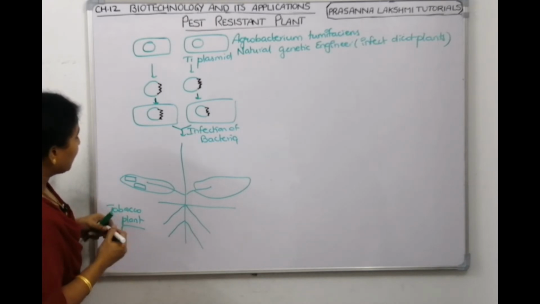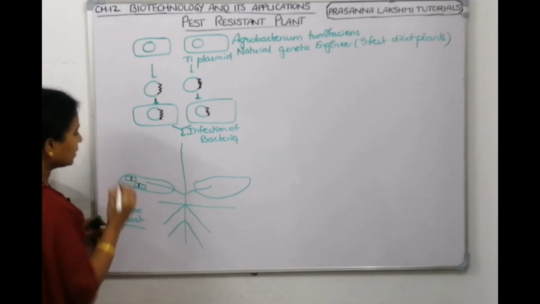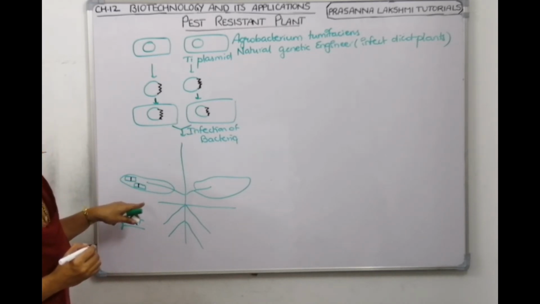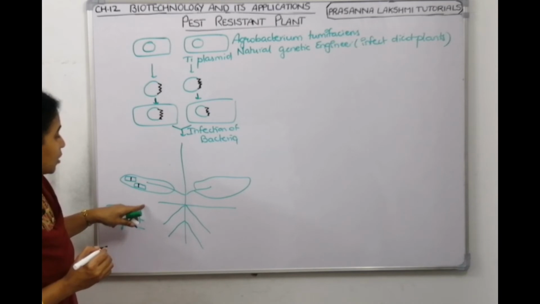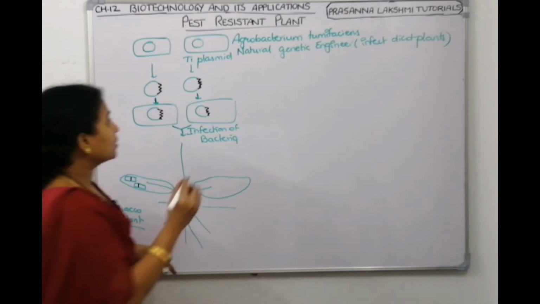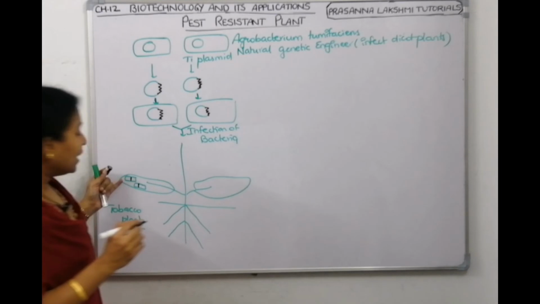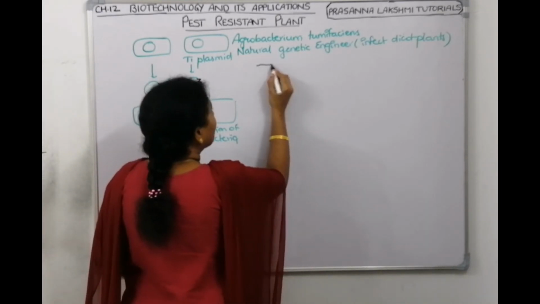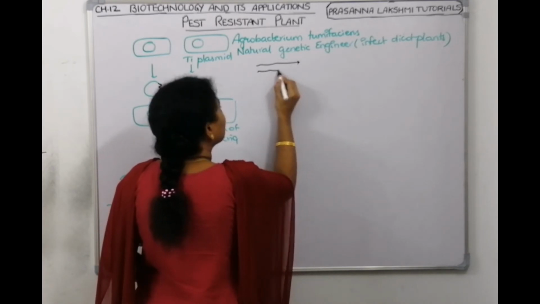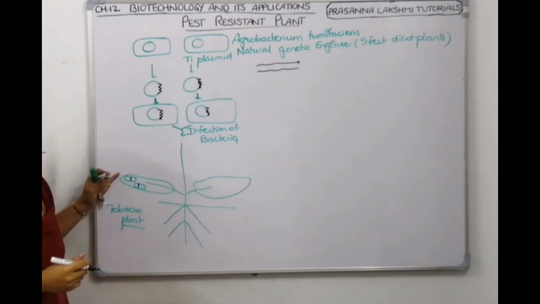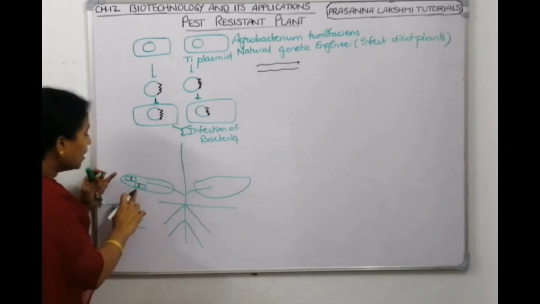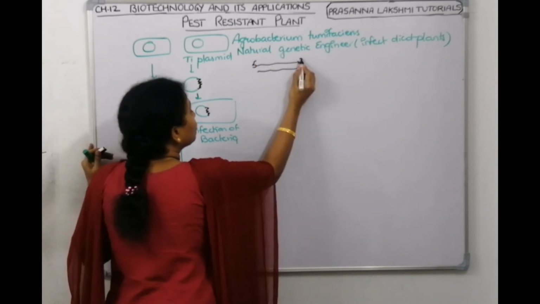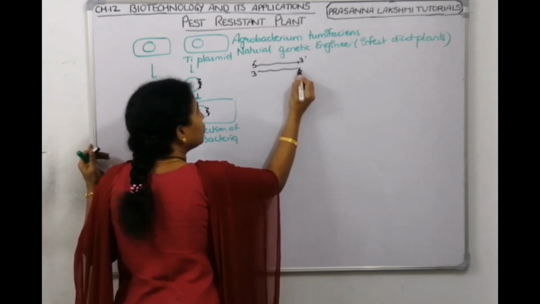After infecting the plant, this DNA and this DNA are here, and both DNAs undergo transcription and make RNAs. One DNA, another DNA, you send into the tobacco plant. Now it makes one RNA, and it makes another RNA. This strand after transcription will make one RNA, the other strand will make the other RNA. This RNA will be 5 to 3, the other RNA will be 3 to 5.